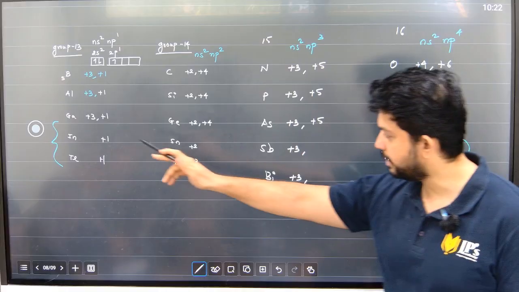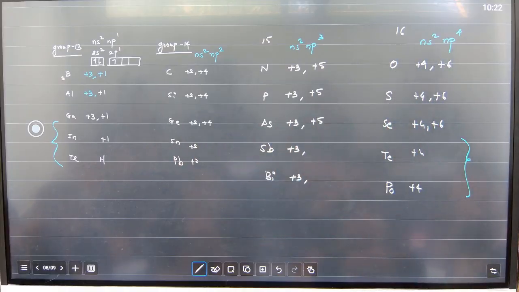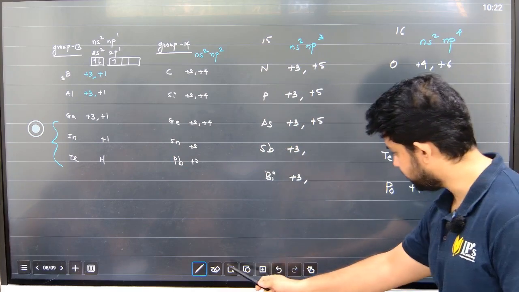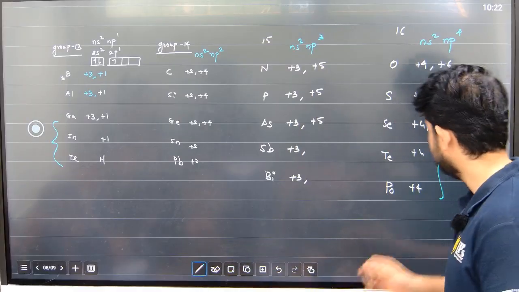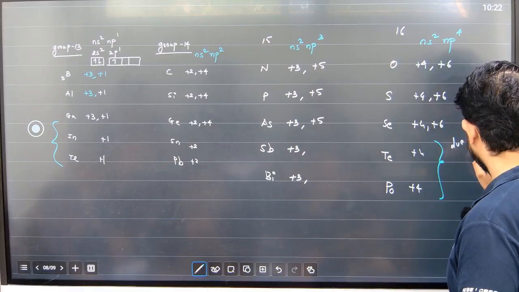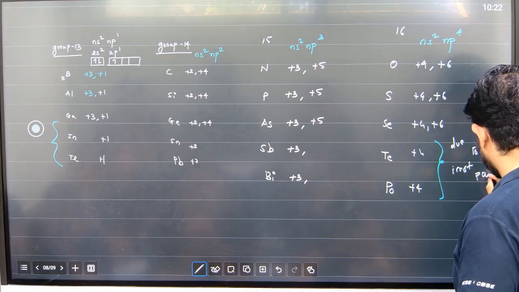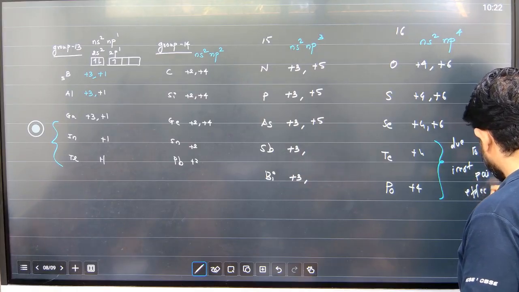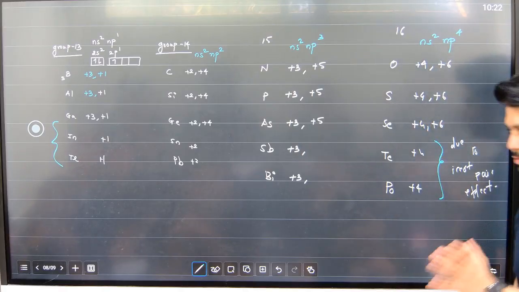Even in gallium, actually, germanium, arsenic, lower oxidation state थोड़ा ज़्यादा stable है compared to the higher oxidation state. And इसका भी same reason है. The reason is due to inert pair effect. I repeat, what happens because of inert pair effect?